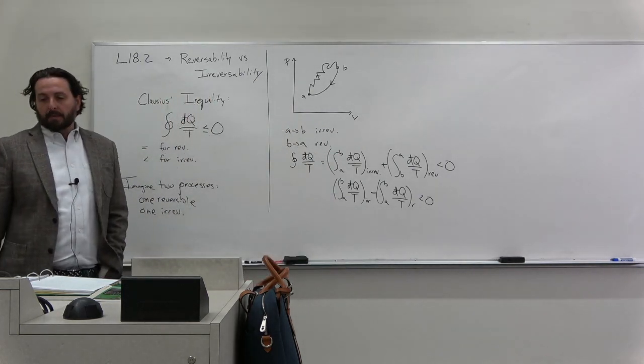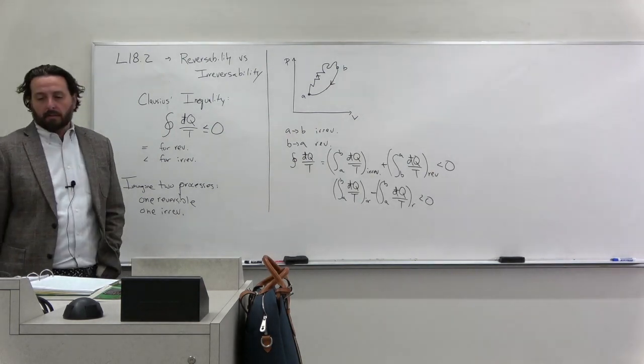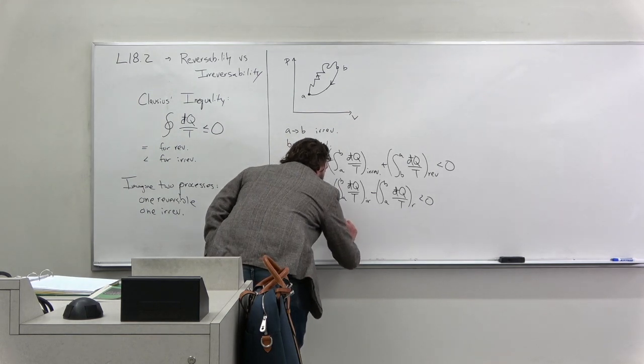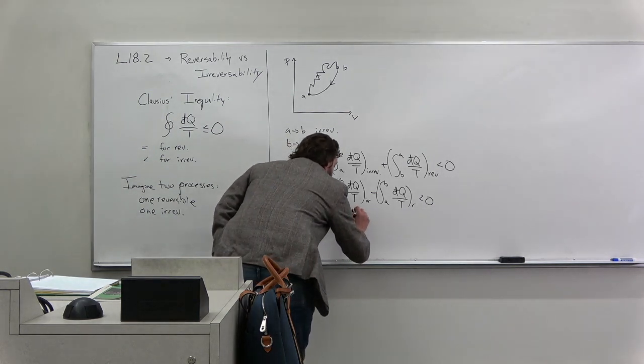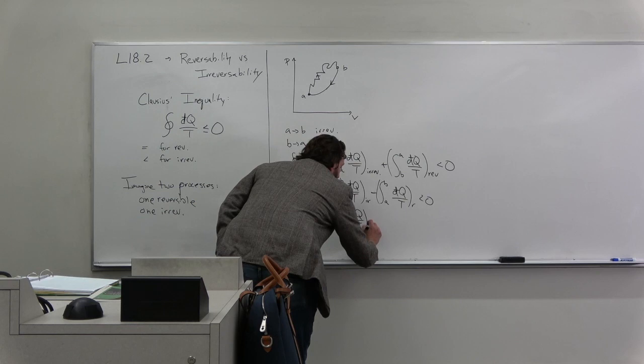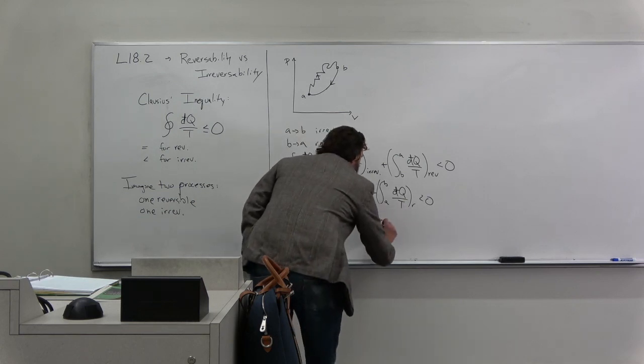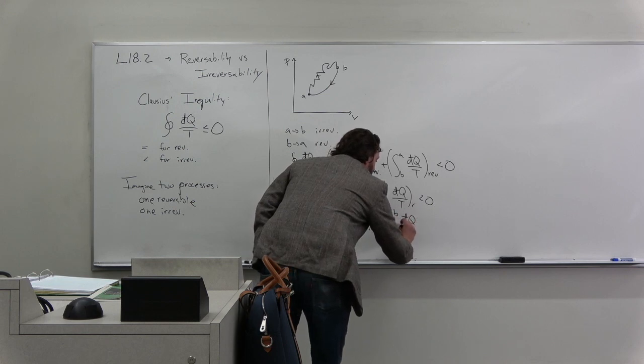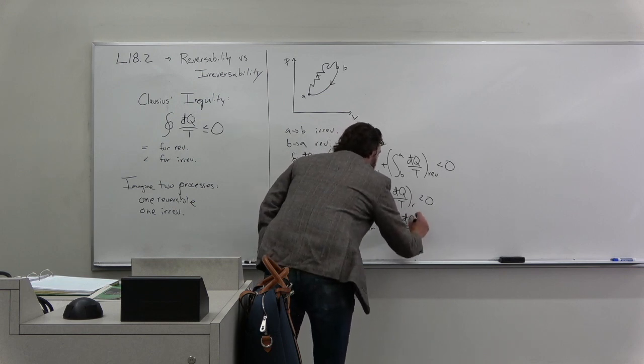Okay, so we're going to just move that one to the other side, right? So we're going to say that the integral from A to B of dq over T irreversible is always less than the integral from A to B of dq over T of the reversible path.